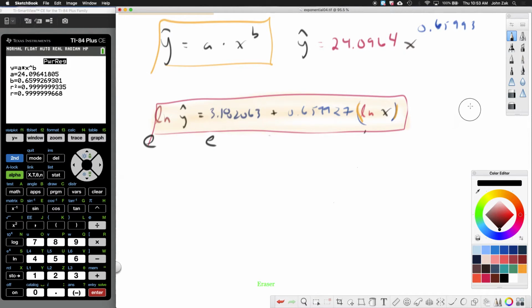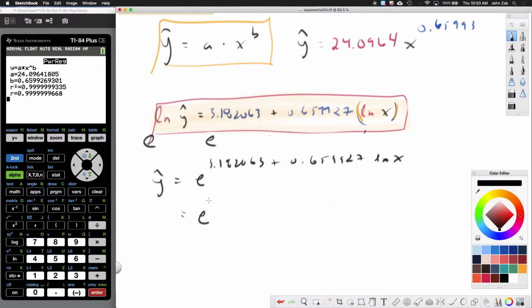So this would just become y hat. Now on this side, we'd have e raised to the 3.18206 power, plus 0.659927 natural log of x. Now this simplifies some more, because whenever you have the sum of two things in the exponents, that means it really can become a product.